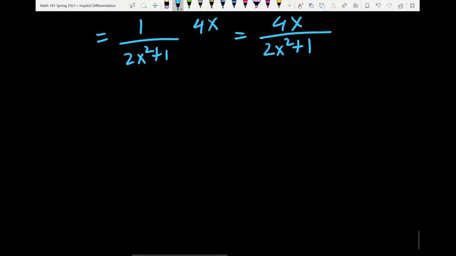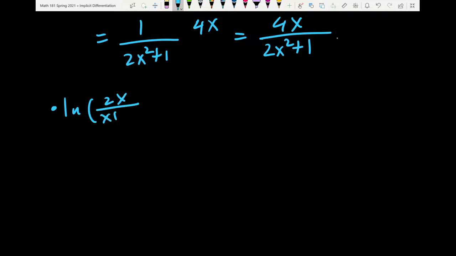All right, try this one. You could use the quotient rule. So what's y prime?